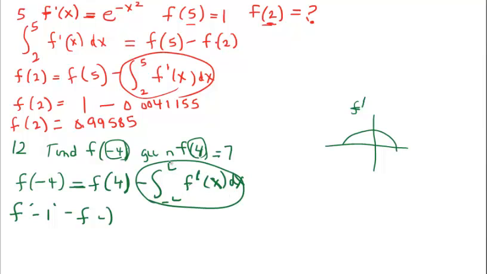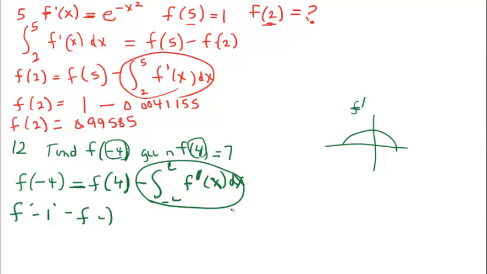Well, how do I find this? Well, it's a semicircle. So use the area formula for a circle, halve it, based on the radius that you see here. It looks like it's 4. And so once you find the value of that semicircle, you can take 7 and subtract that number.